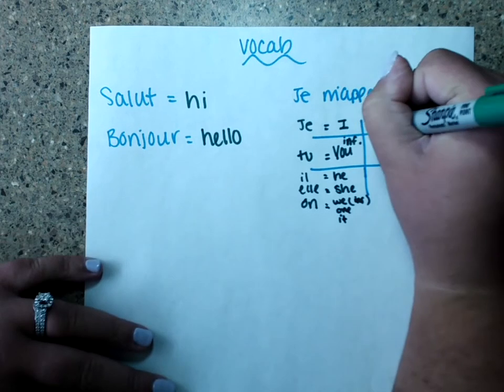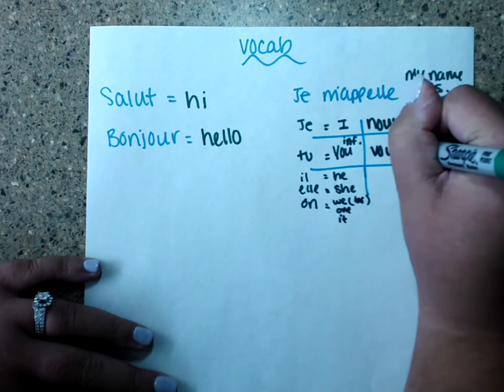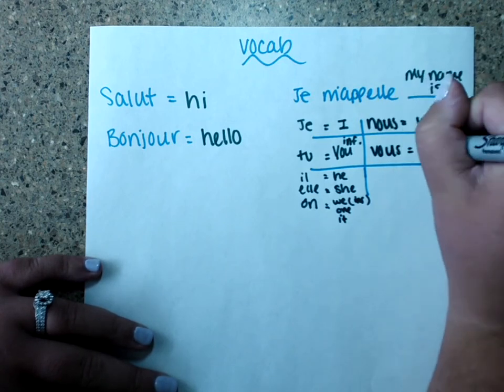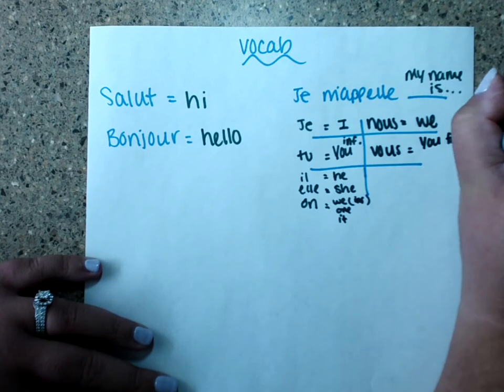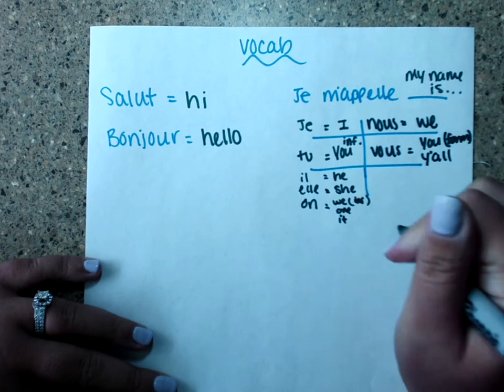Next, we have nous, and nous means we. We have vous. Vous meant you, formal, or y'all, if you were talking to more than one.